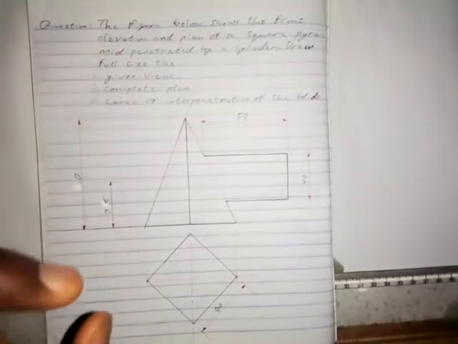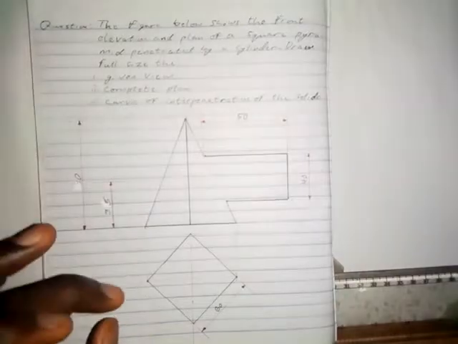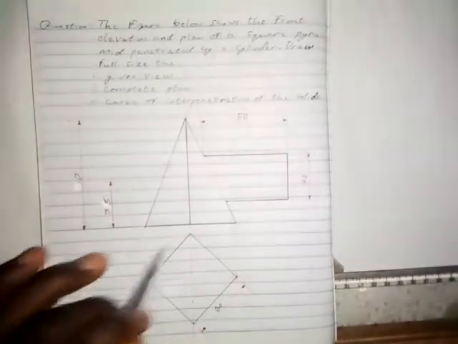The length of side is 60 millimeters, so the length of diagonal of this square will be 84.8, which I will approximate to 85. Then I divide 85 by 2, and that gives me 42.5. So I will take that 42.5 to construct this square.